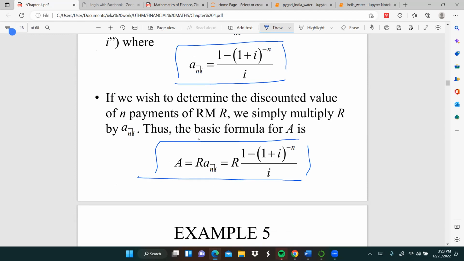Cuma kalau yang tadi, kalau S, kita 1 plus I to the power of N minus 1, dan bawah tu sama, bahagi dengan I. Okay, tapi untuk discounted value, A angle N at I tu 1 minus 1 plus I to the power of negative N divide by I. So, kena ingatlah kalau kita nak cari discounted value, dia punya power atas tu, N dia adalah negatif.